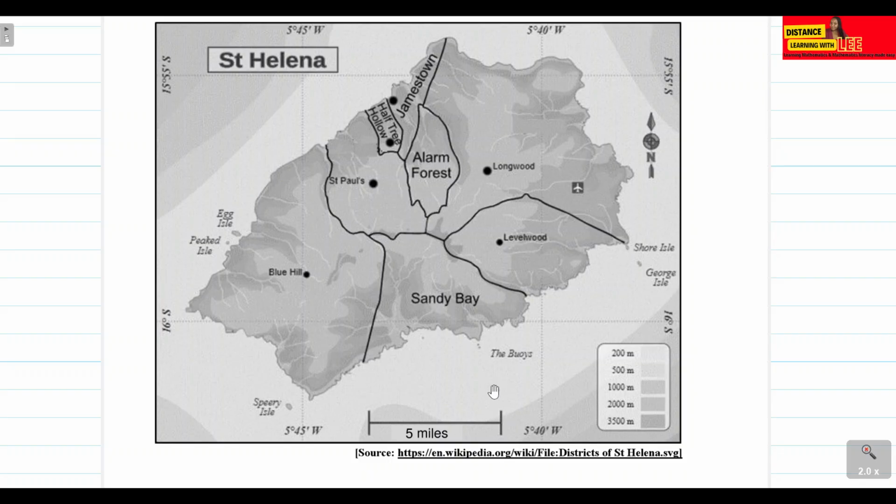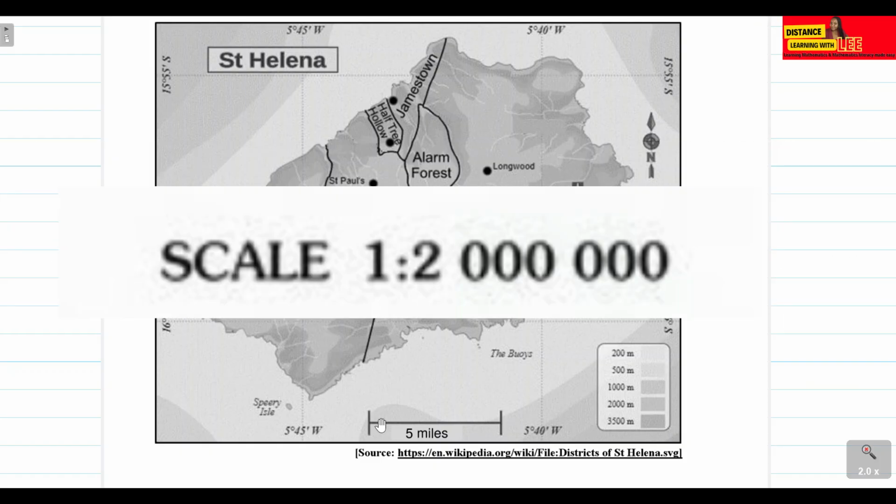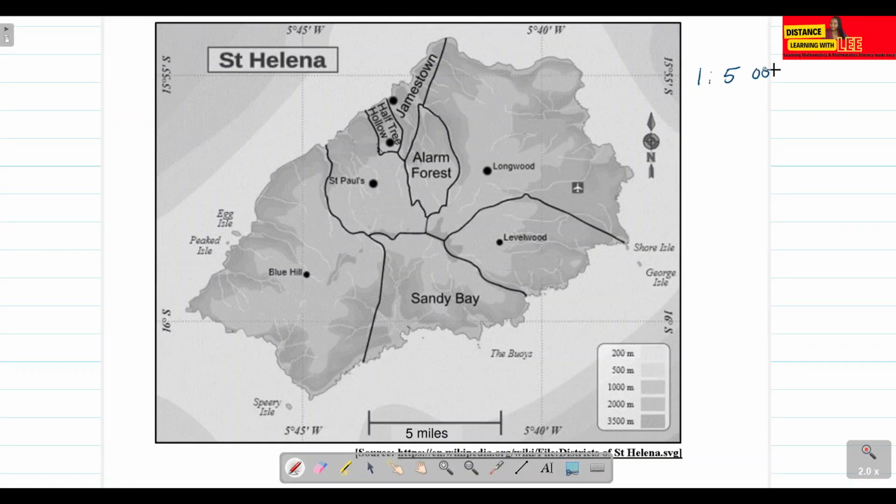Okay, so when you look at this scale, what type of a scale is it, right? We basically learned about 3 different types of scales in your mathematical literacy. You learned about a bar scale, you learned about your number scale, when you're given 1 is to maybe, for example, 5 million, right? That was your number scale.